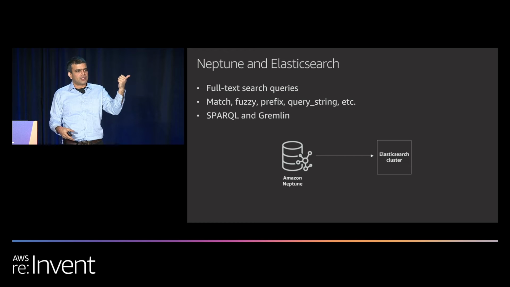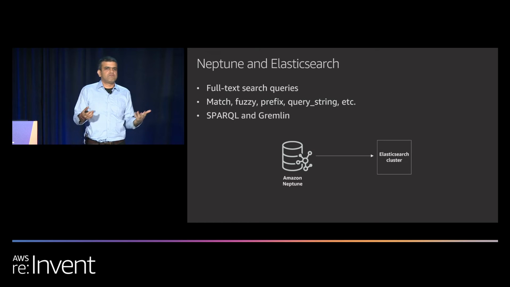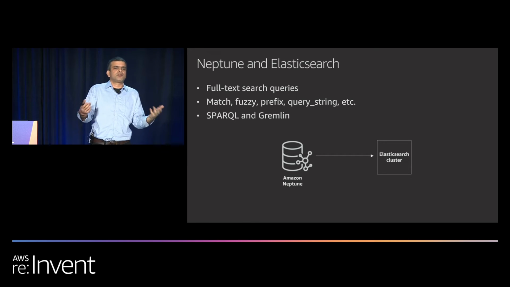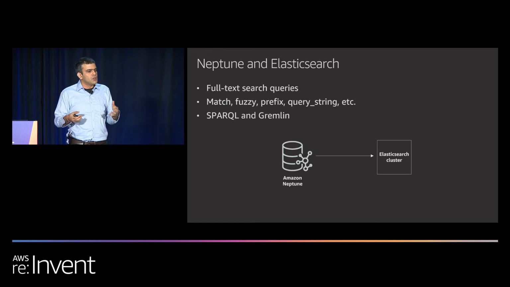We talked about federation, and this is a good example of federation. We also talked about streams, and this is also a good example of streams, which ensures that all of your Neptune data is available in Elasticsearch. If, let's say, you're searching a text log, a server log, you have those query patterns available. You can use fuzzy search, query string, prefix, some of the query patterns that Elasticsearch already supports. And you can use that for both Gremlin and SPARQL.